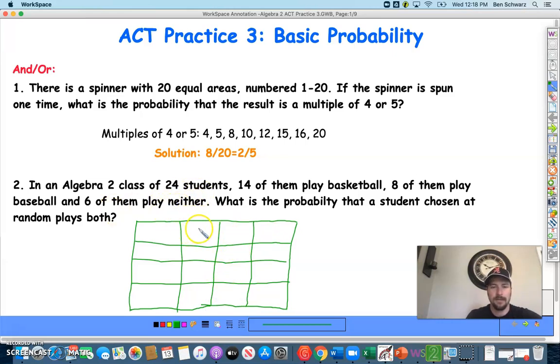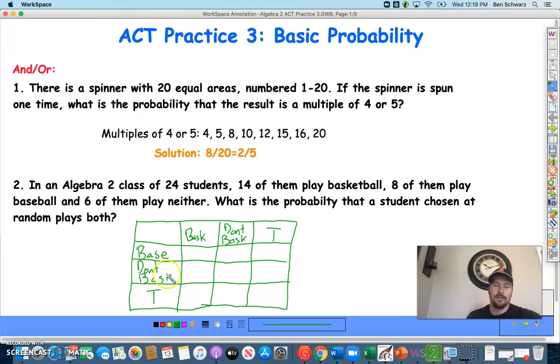They can play basketball or they don't play basketball, and then we'll have a total. Then we'll have baseball, and those that don't play baseball. Those are the two options, and we have a total here as well.